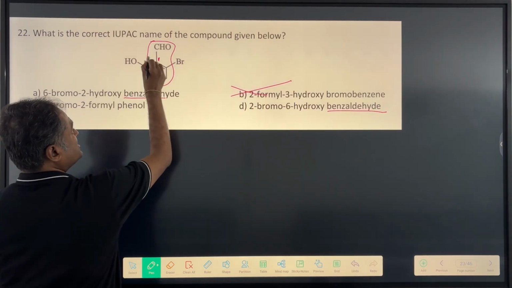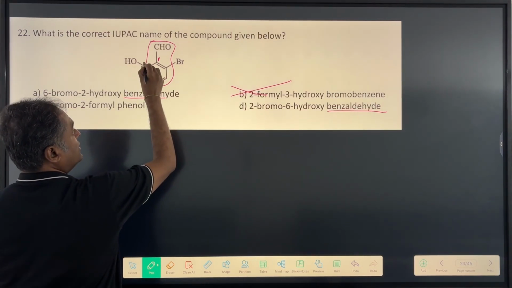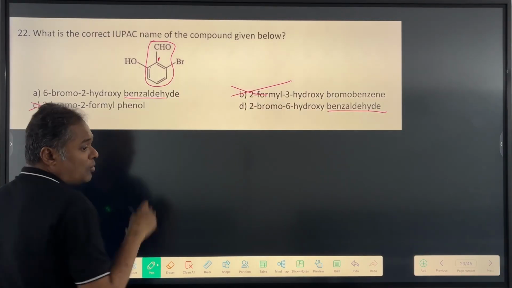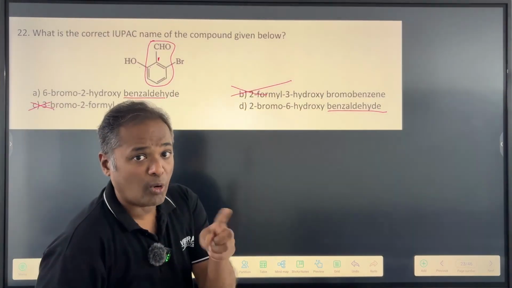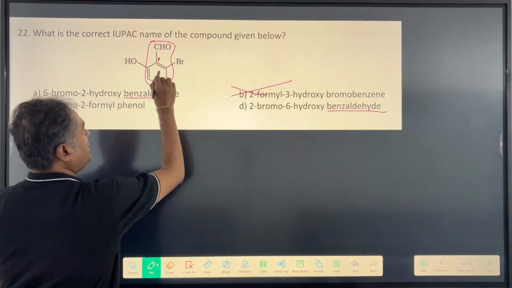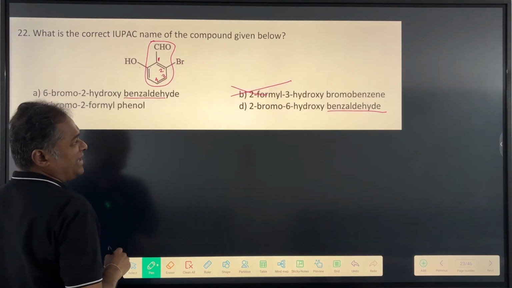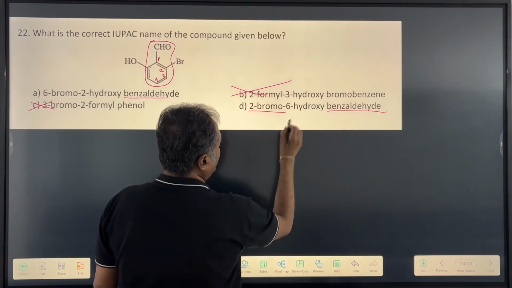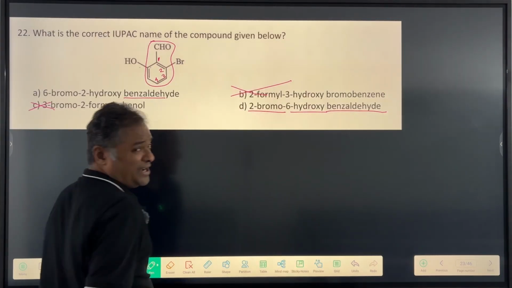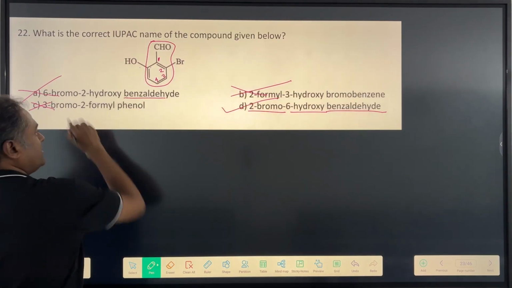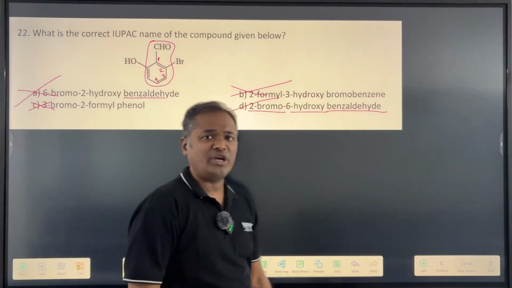If I go on this side, I get 1, so this will become 2. If I go on this side also it becomes 2. So bromo and hydroxy, when you compare, bromo comes alphabetically first, so your correct numbering will be like this, child, where you have bromine at the second position and hydroxy at the 6th position. So your correct answer in this case is D and not A. I hope this is clear, child.